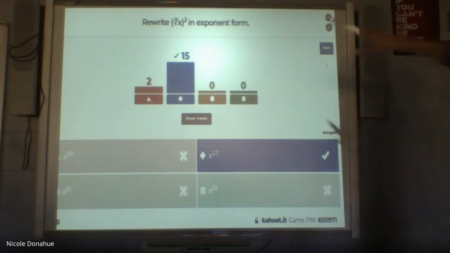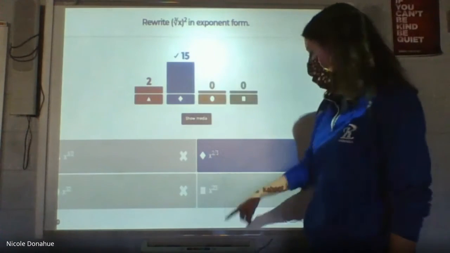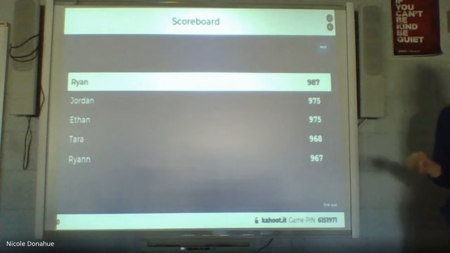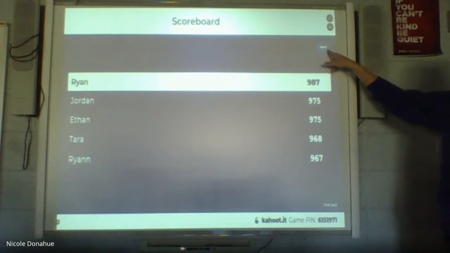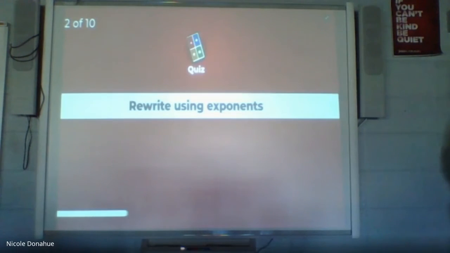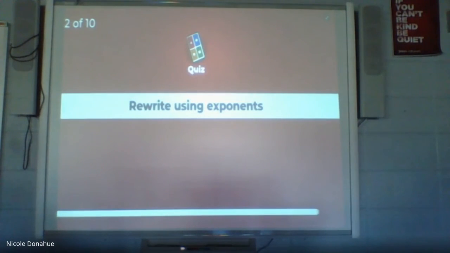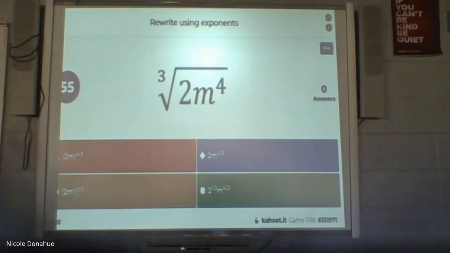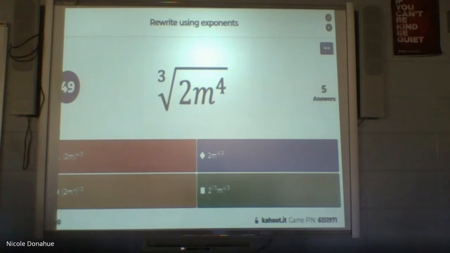So just remembering the root is the number that goes on the bottom of the fraction. Oh, shoot, that was a difficult one. I got one.